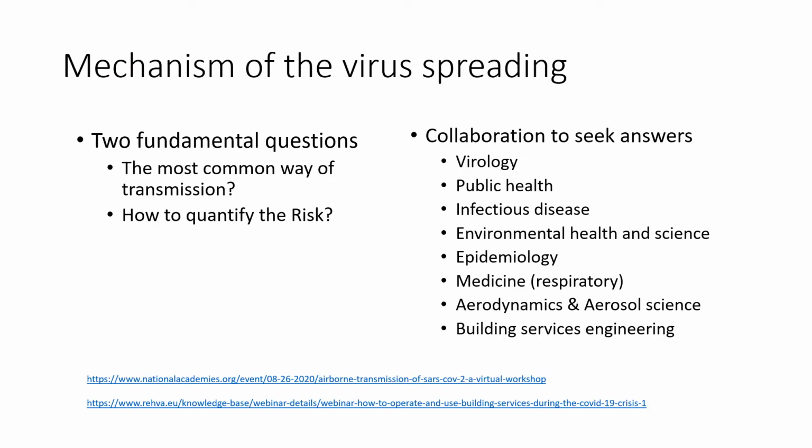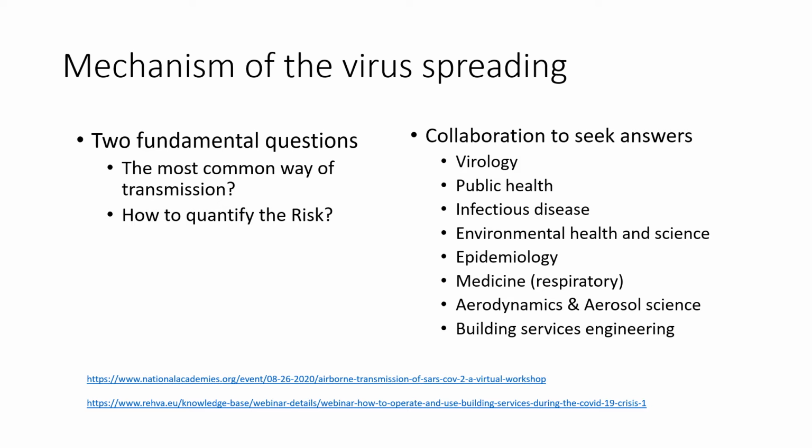Studies so far have tried to answer two questions. One, what is the most common way of transmission of the virus from a sick person, a patient, to a healthy person? And then, how to quantify the risk. Just like what I explained earlier, the concentration level of carbon dioxide has been very well quantified and is very well known.